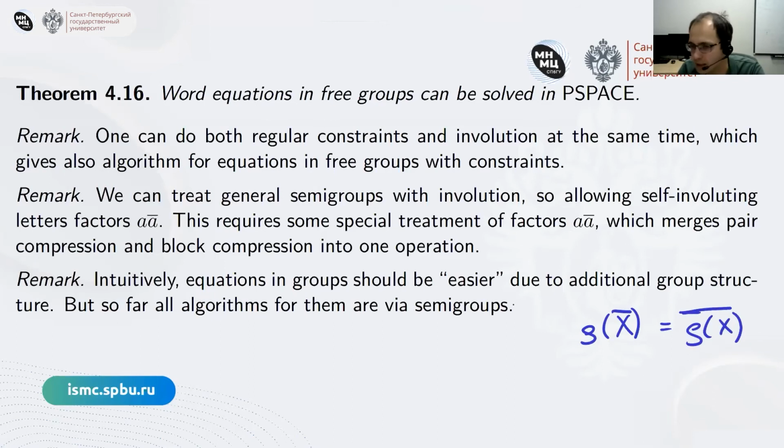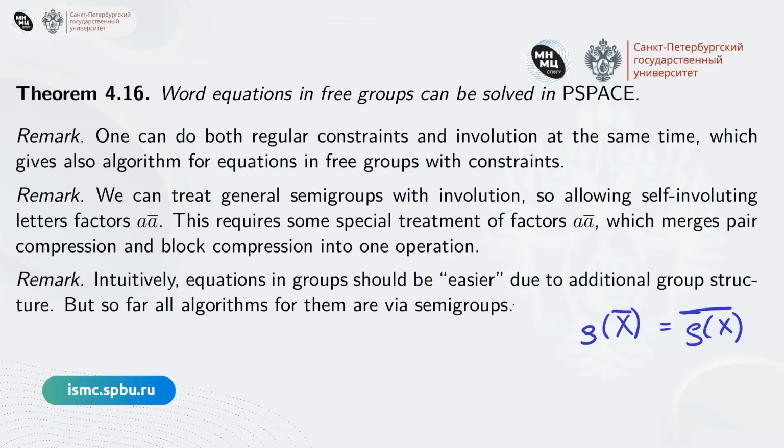So there are some extra conditions that need to be satisfied for the regular constraints. Okay, but in principle you can do it. I see. Yes. For the semigroups, there are no extra conditions, I think.